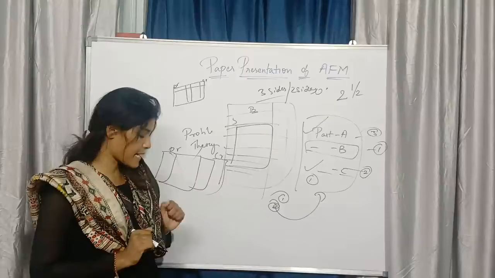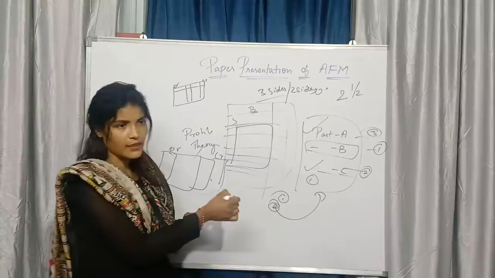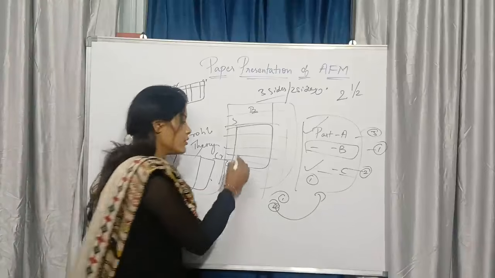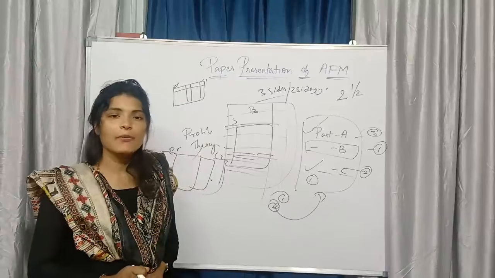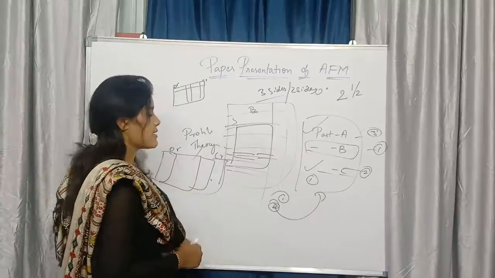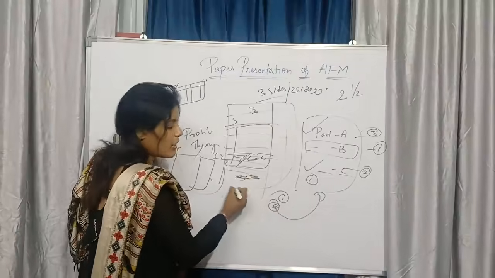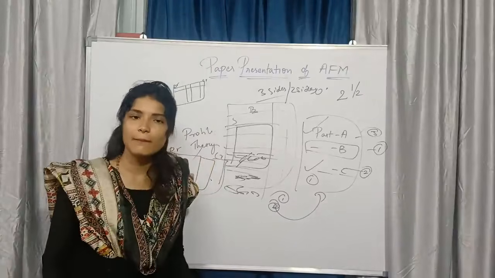For example, another thing: you have done the problematic question, and at the final time your answer does not tally. Then what did they do? Some students will strike off like this, and write another number, again strike off, and write another number.